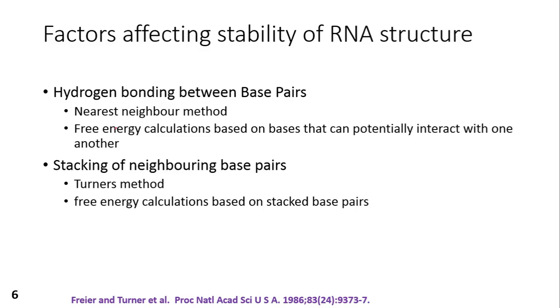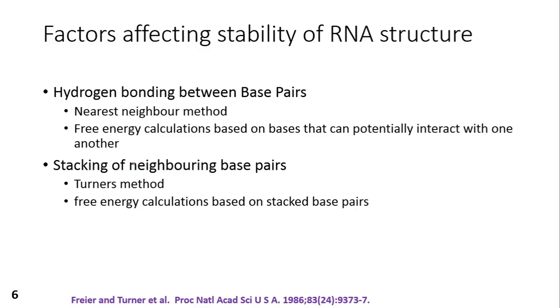There is another component in RNA structure that affects its stability, which we call stacking of neighboring base pairs. Turner's method is based on this stacking of neighboring base pairs.